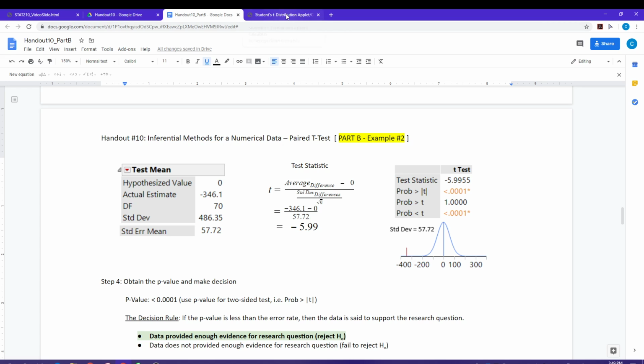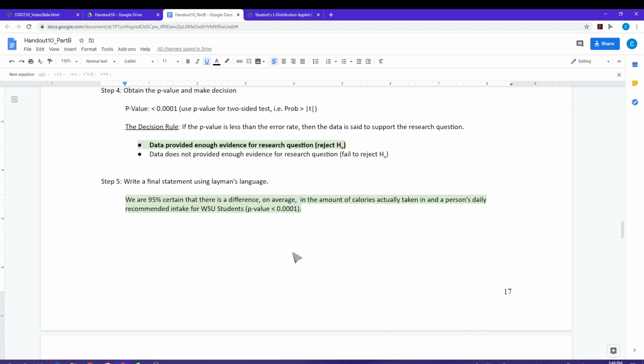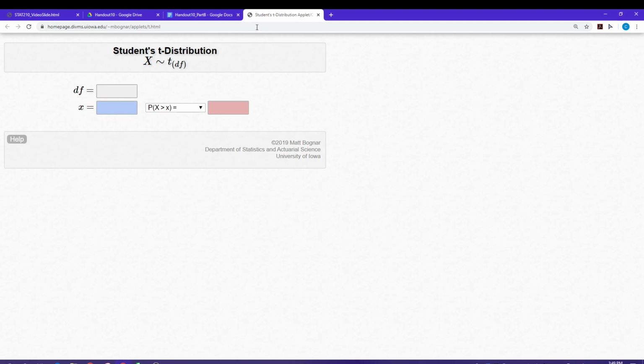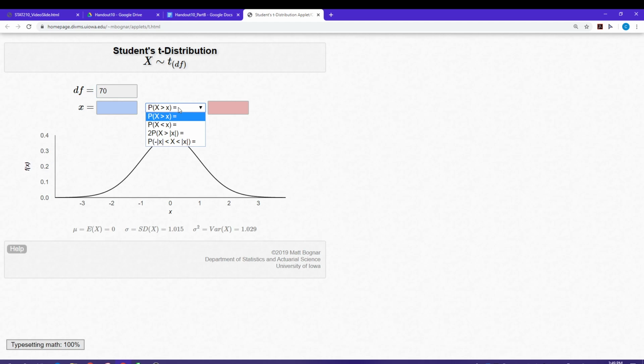If I go to that applet, I would just plug in the degrees of freedom at 70. I want to select the 2 times P greater than absolute x, and I'm using 95% in the middle, which is going to give me 5% on the outside. So we can see that the interval coefficient here is 1.99. This value is always going to be pretty close to 2.